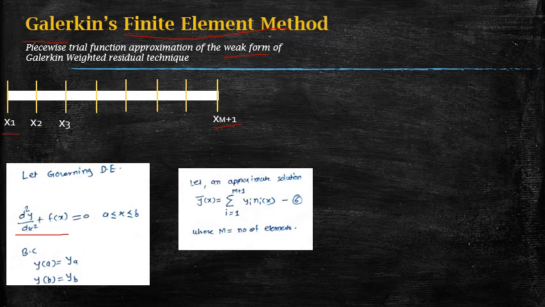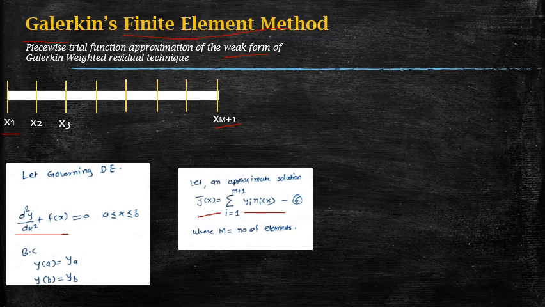Let us assume y bar of x as an approximate solution for this governing differential equation, which is of the form summation i is equal to 1 to m plus 1 yi into ni of x, where ni of x are now interpolation functions, and yi are nothing but discrete values of y at nodal points.